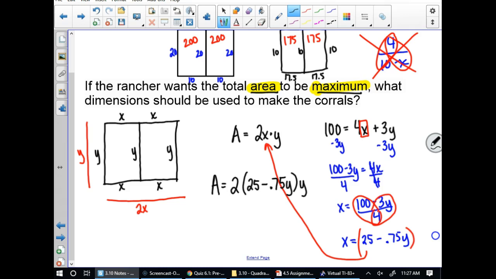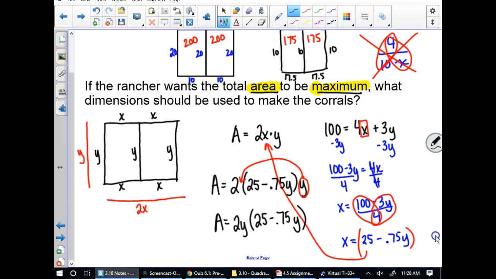Now, if I am going to write it like this, would it be all right if I just take Mr. Y right here and put him over here with the 2 just so it looks prettier? I'm going to do that. So 2y times 25 minus 0.75y.